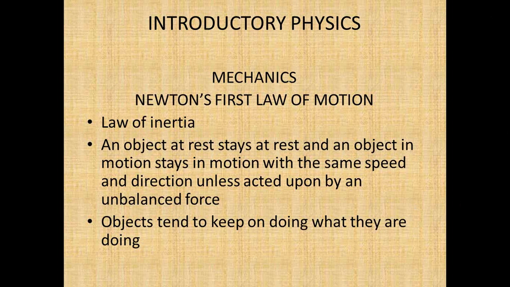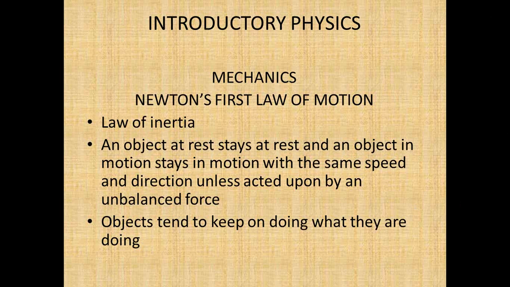So what he's saying is, an object at rest stays at rest, and an object in motion stays in motion with the same speed and in the same direction unless acted upon by an unbalanced force. So we'll discuss what an unbalanced force is because you have to understand that thoroughly.